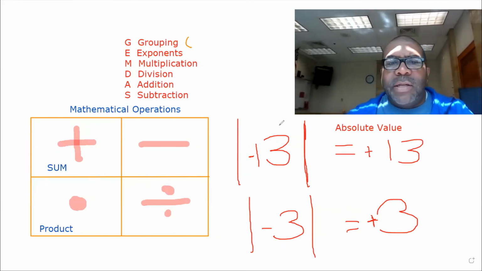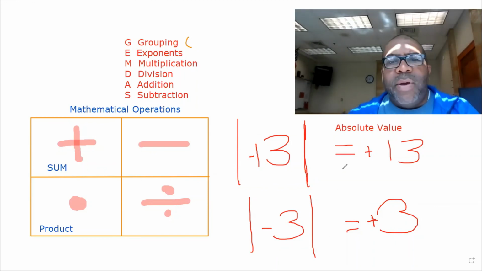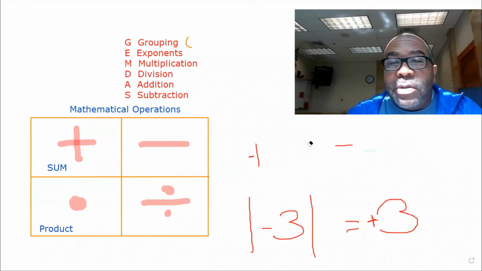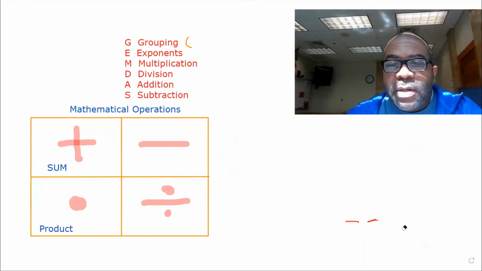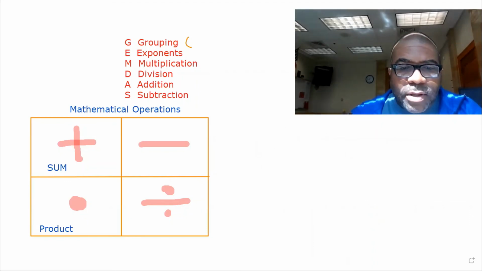Anytime something is in the absolute value lines, it's going to be a positive number. I know that's a little confusing, but look, it's all going to make sense. If you work with us, trust me, it's all going to make sense in the end.